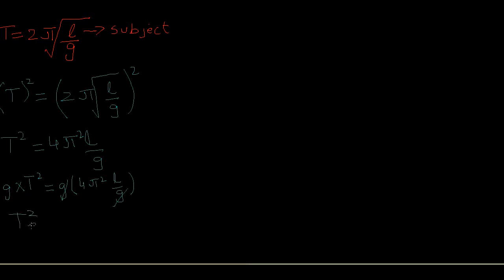Our new equation is T squared G is equal to 4 pi squared L. That's so simple.